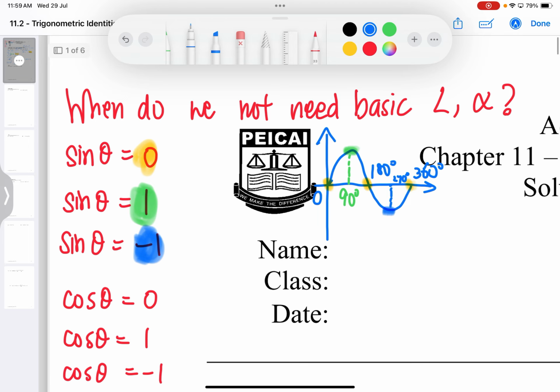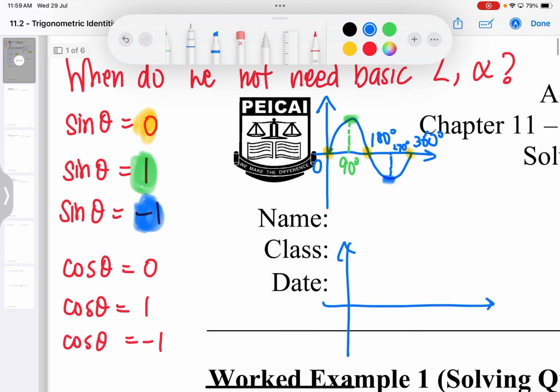Similarly for cosine, you'll be able to determine the same thing. So cosine looks like that: go down, then go up. 360, 270, 180 and 90. This is 1, this is negative 1.